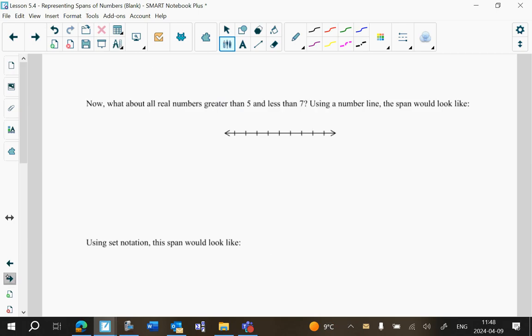This is a little new to you. All numbers greater than 5, but also less than 7. 1, 2, 3, 4, 5, 6, 7. We've got to put the 5 and 7 on our number line. Okay, if they're greater than 5, what do I do?